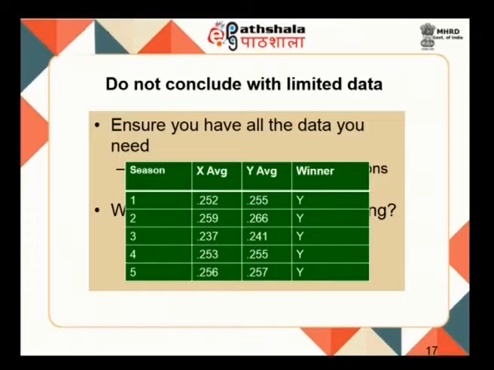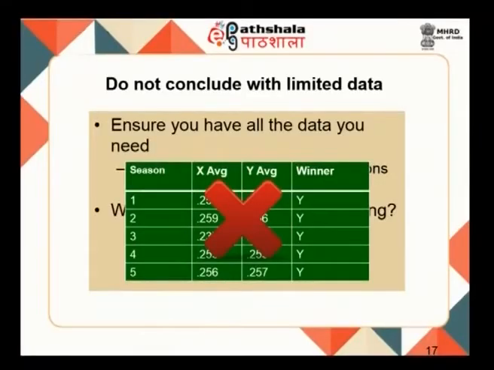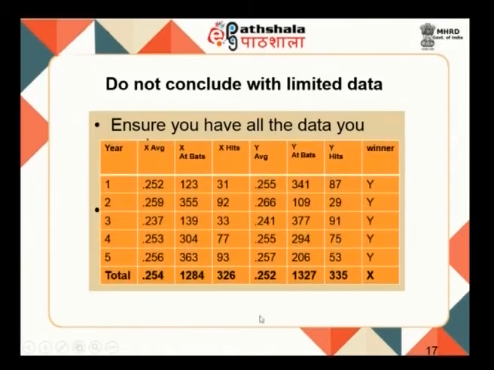But practically speaking, when we go in depth into the data, we may arrive at a completely different conclusion, because sometimes the analysis that we do with limited data might result in a wrong conclusion. Now, let us analyze these two persons with more detailed data.